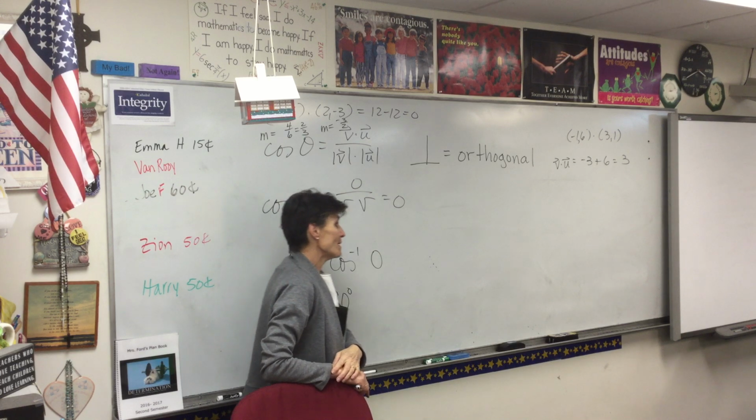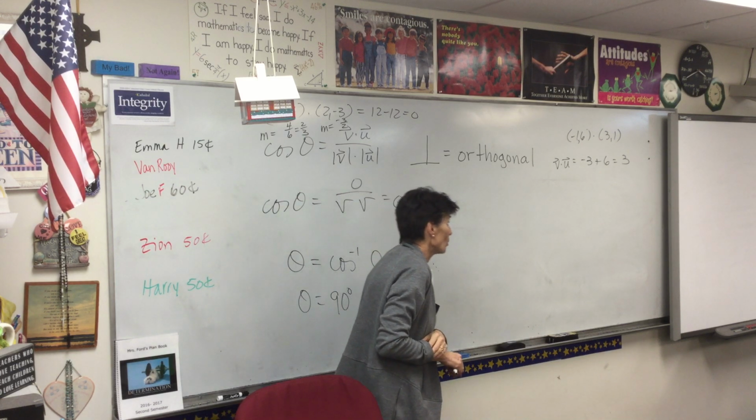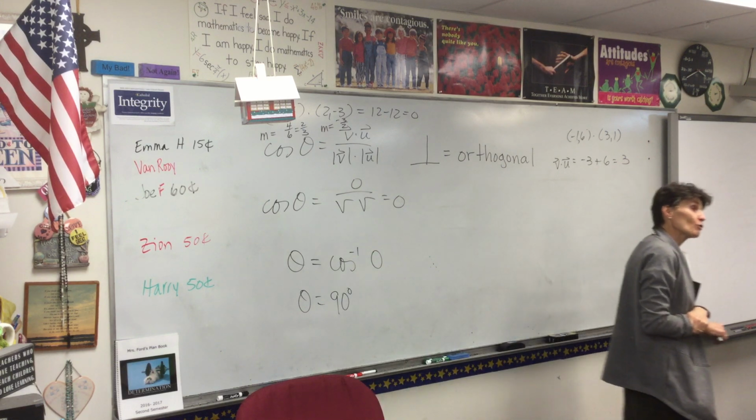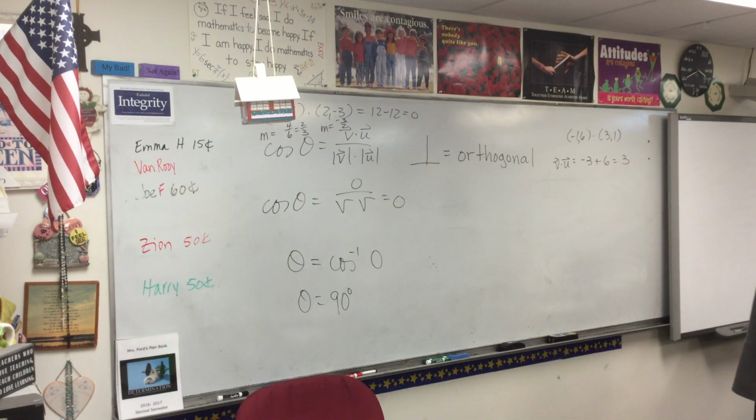Because in 3 dimensions, there is no slope. Slope is rise over run. If you put a 3rd dimension in there, then you can't talk about slope anymore. So if you have 2 random 3-dimensional vectors here in the room, and you want to know if they're orthogonal, the only way to tell is to do the dot product.